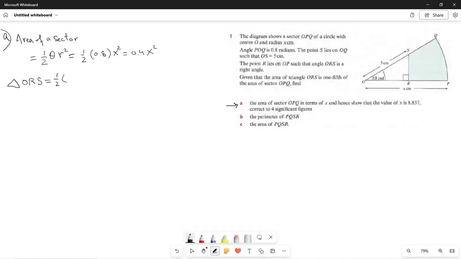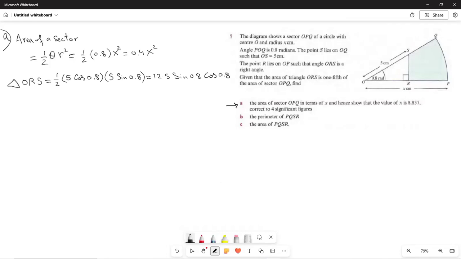So the base is 5 into cosine of 0.8 radian. Similarly, the height is 5 into sine of 0.8. I hope I'm not confusing the listeners. Everything is clear here. So it will become 5 times 5, 25, divided by 2 is 12.5 times sine of 0.8 into cosine of 0.8.